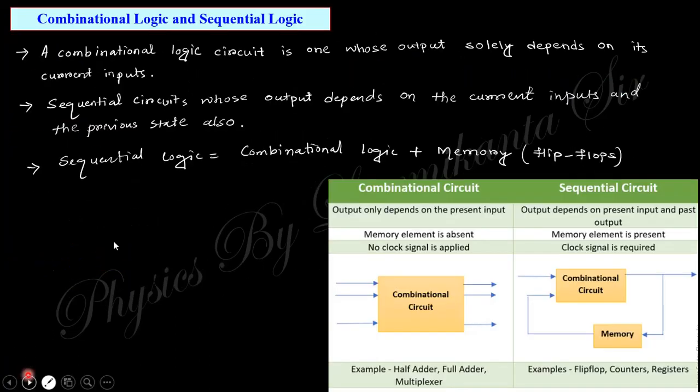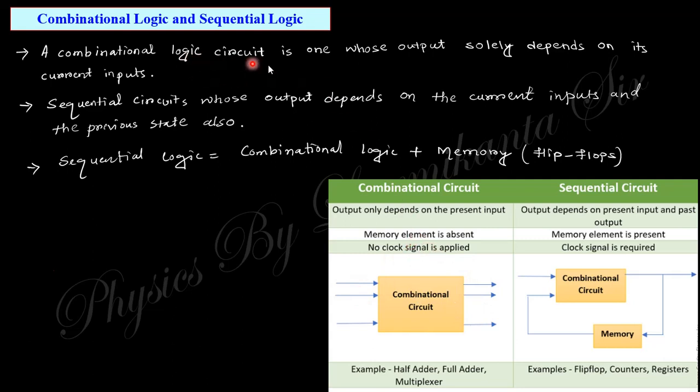Okay. Next concept is combinational logic and sequential logic. What do you mean by combinational logic and what do you mean by sequential logic? In a logic circuit, when the output of the circuit depends only on the instantaneous value of the input, then this circuit is known as a combinational logic circuit.